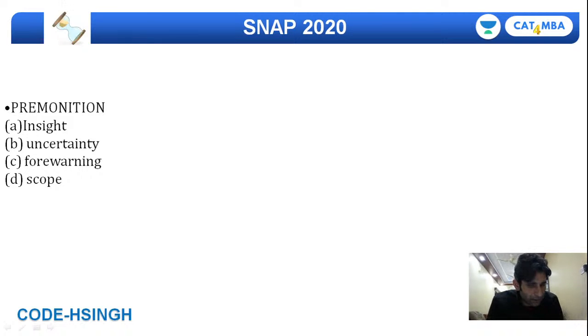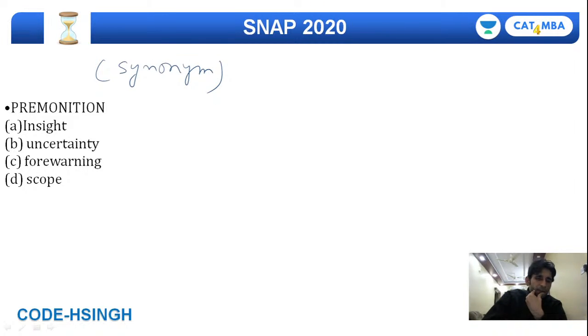Okay, so guys, coming to the last question. So that is premonition. So tell me what's the idea, and let me tell you इसमें पूछा क्या हमसे. You have to tell me. Let's see. Tell me the synonym to this word.